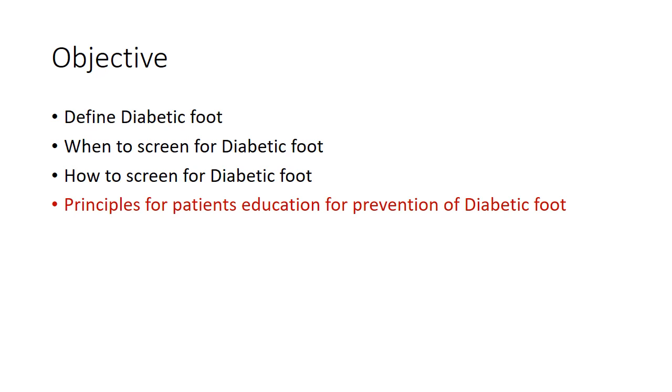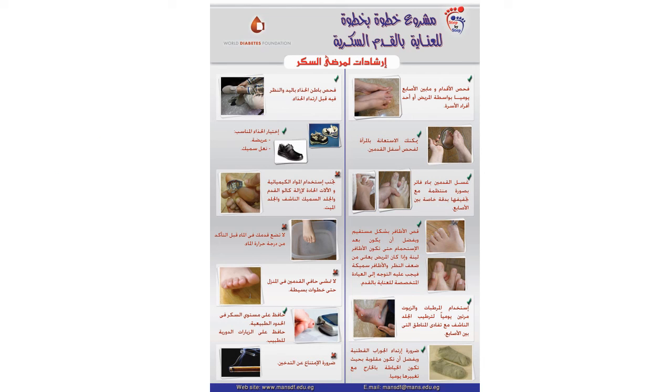As a general practitioner, one of your main jobs is to educate your patient. Your main job is prevention, so you need to educate your patient. These are some instructions that we have in the Diabetic Foot Clinic in Mansoura University about how to educate your patient.